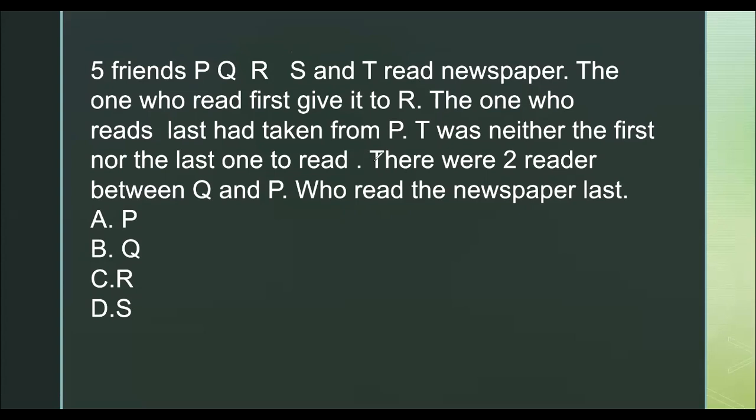So in these kind of questions, you have to read the statement carefully, and step by step you have to try to draw something if you can. So let's start. The 5 friends are there.